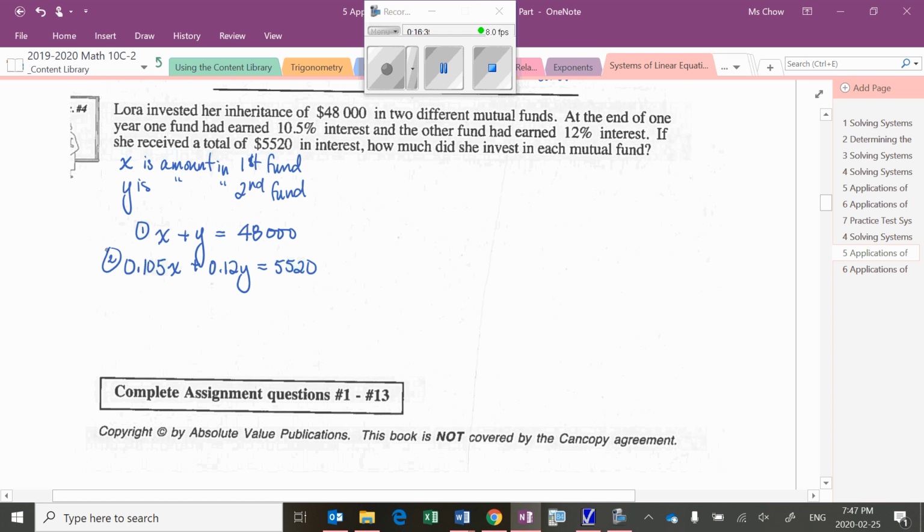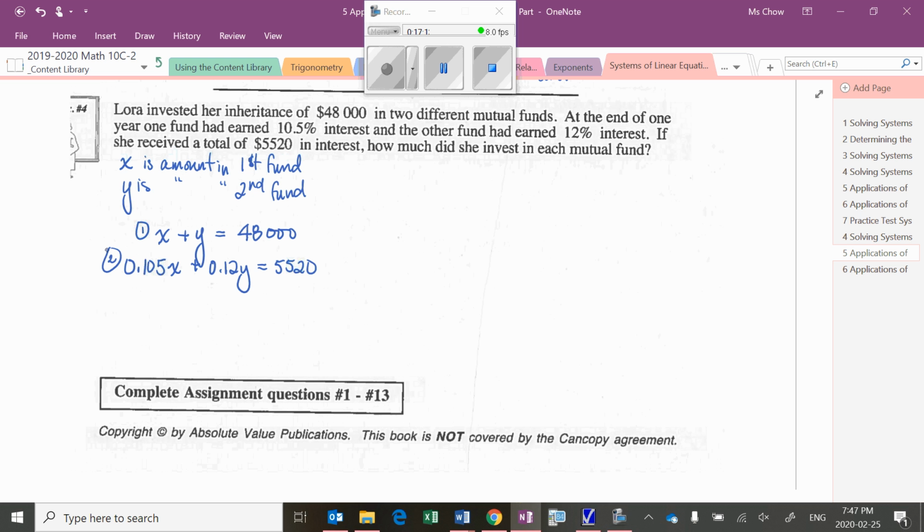Because we have variables with coefficients of 1 in equation 1, we can choose to isolate one of those to make it easier, and I would probably suggest that you do that, since having the decimals is not going to be as easy for elimination. Certainly we could multiply equation 2 by 1,000 to get rid of the decimals, but then we end up with some pretty large numbers as well, because you'd have to multiply that 5,520 by 1,000 as well.